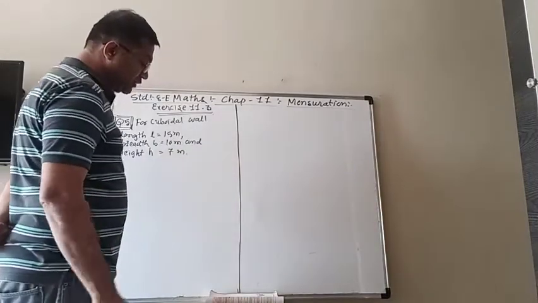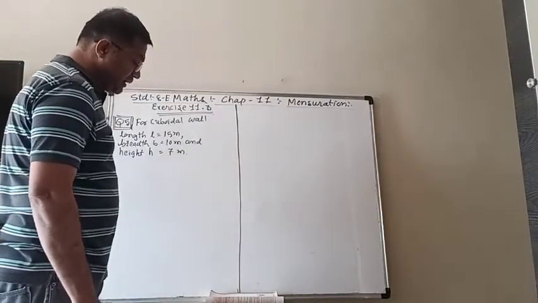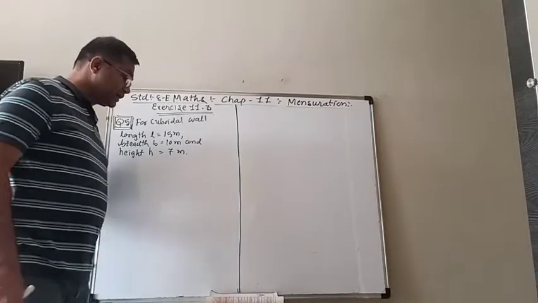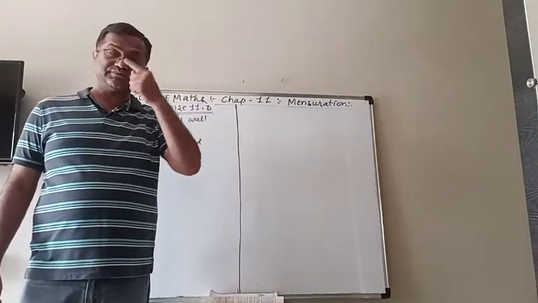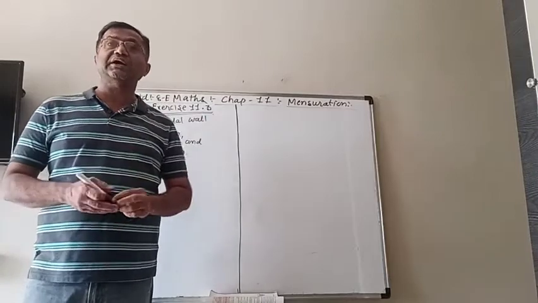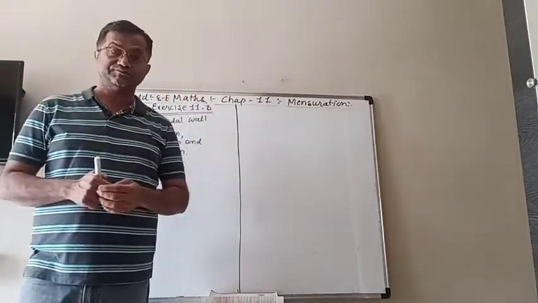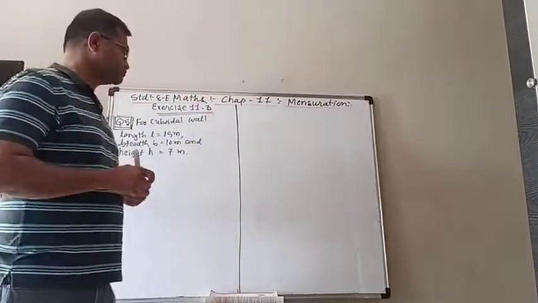Now we have to paint the walls and ceiling. It means that first we have to find the area of 4 walls, then we have to find the area of the ceiling and we have to add them.